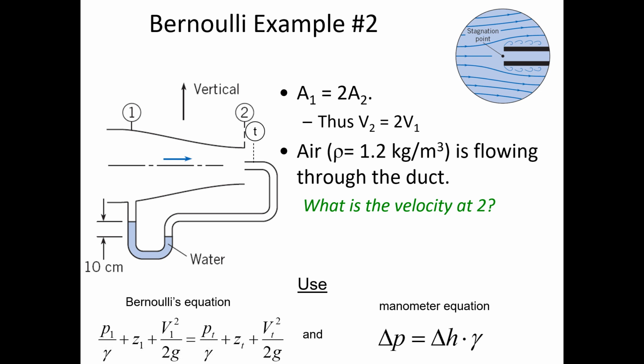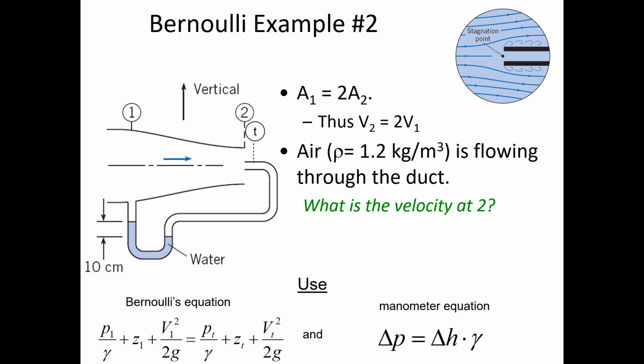And so right now, we don't know P1 or P2. That's not given. So let's think about how many unknowns we have. We don't know P1. What about Z1 and Z here inside the tube? The elevation is the same.